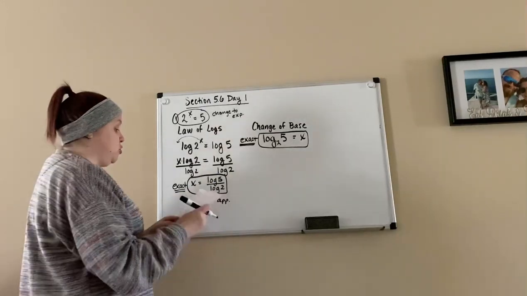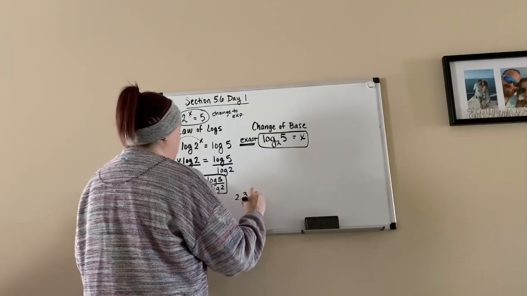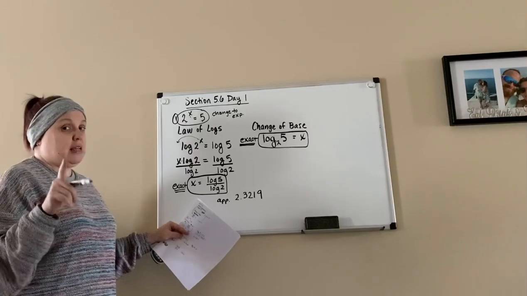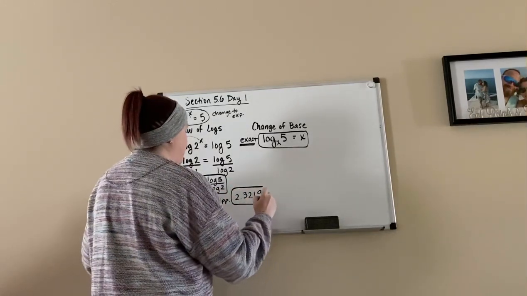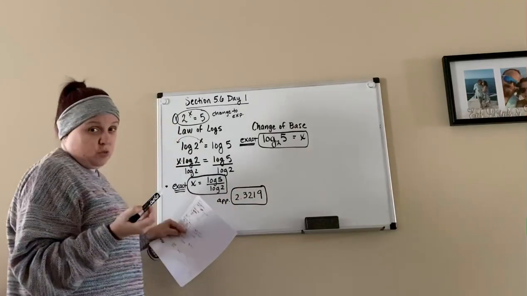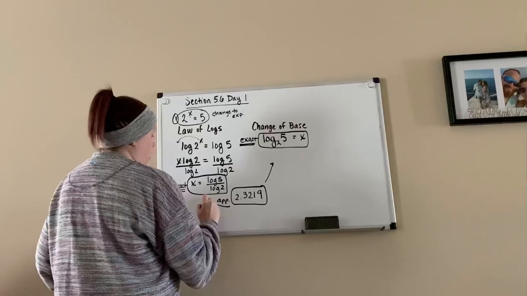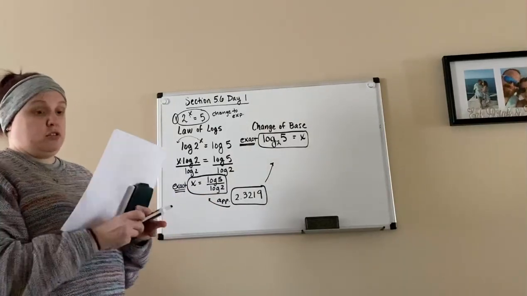The decimal that you should get would be 2.3219. Now I don't know on WebAssign what it says to round to, but this would be the approximate answer 4 decimal place wise, and it's going to go for both law of logs and change of base, both answers.